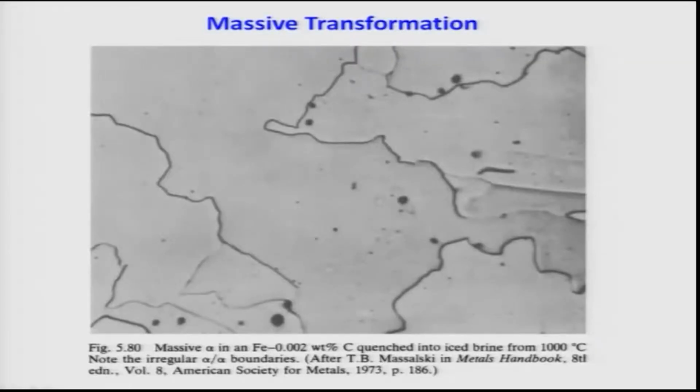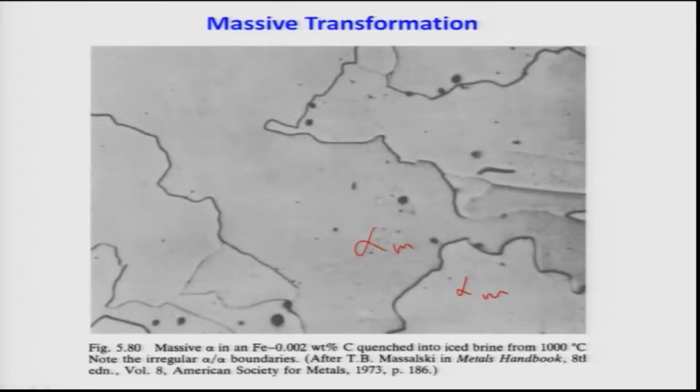We do not see any grain boundaries here because this is so massive; very big patches of alpha have formed. The important feature you can see again is the jagged, irregular interface between the alpha grains. This is alpha, this is also alpha, that is the irregular interface. So, these are characteristic features of these transformations.